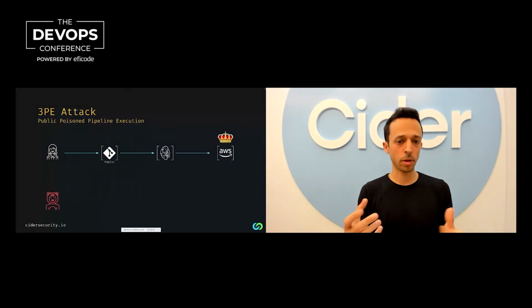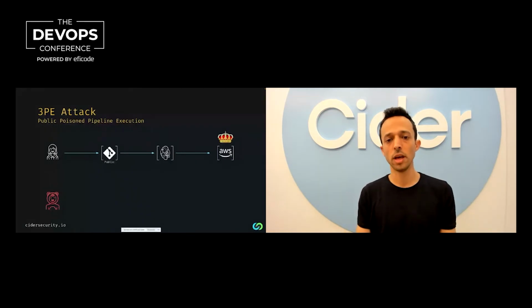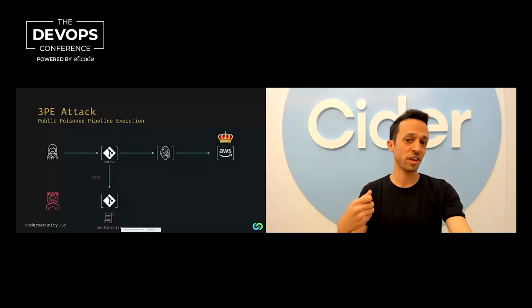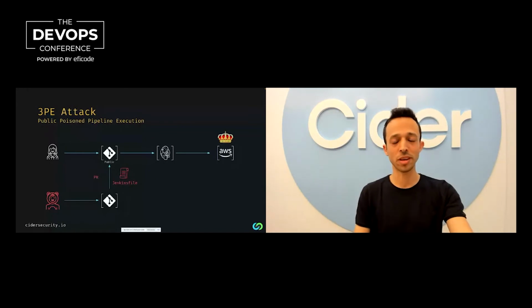So to execute a PPE attack, whether direct or indirect, the attacker can fork the repository. Then he can modify the Jenkins file, just as we saw a moment ago with direct PPE, and then open a pull request to suggest these new changes to the main branch in the original repository.